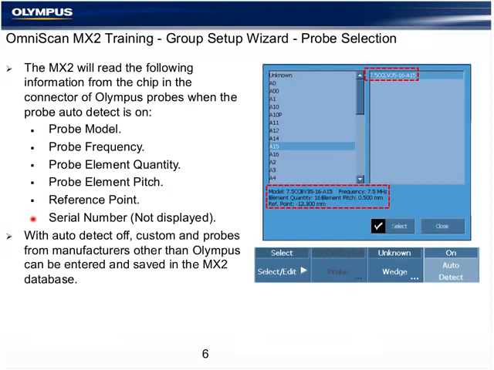And in the instrument, and you'll see this in the upcoming lesson, with auto detect on, those parameters are automatically selected. With auto detect off, they're selected from a database or can be created.